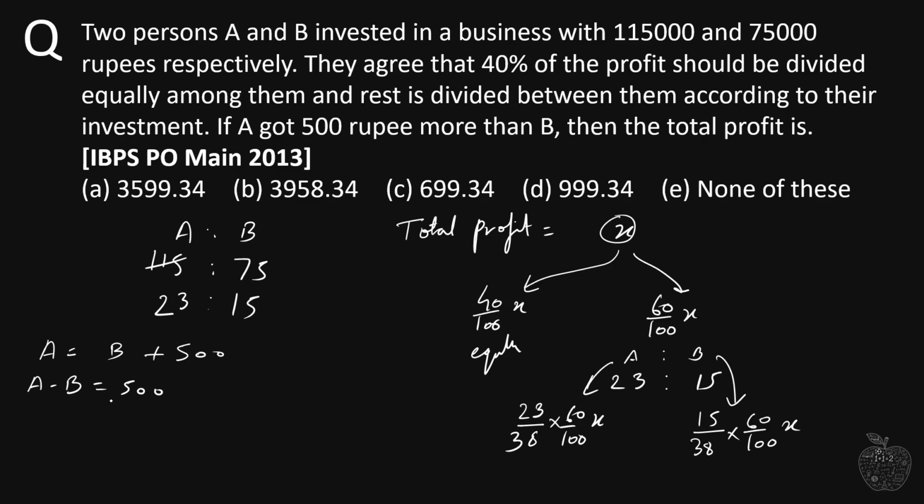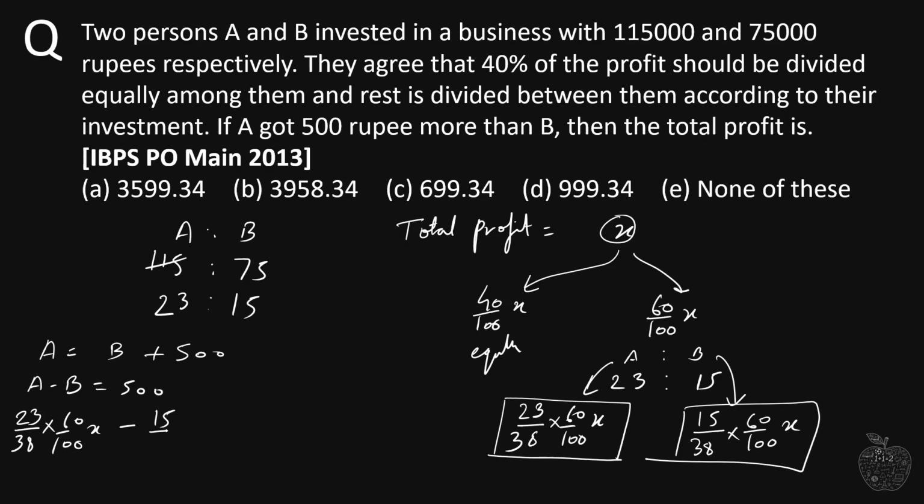We know that A minus B is 500, and we already calculated the shares of A and B, so let's substitute them. We write 23 by 38 into 60% of X minus B's share, 15 by 38 into 60% of X, and this is equal to 500.